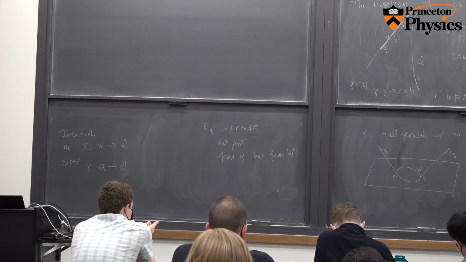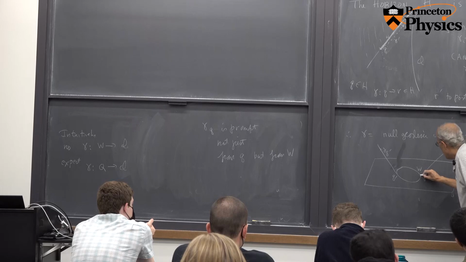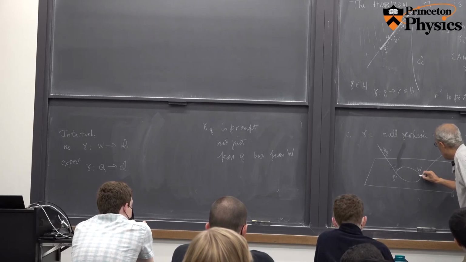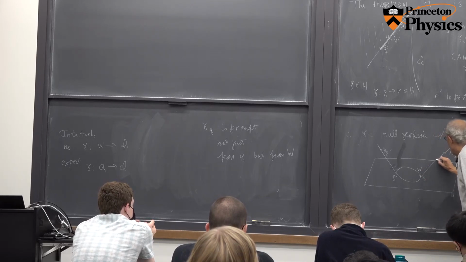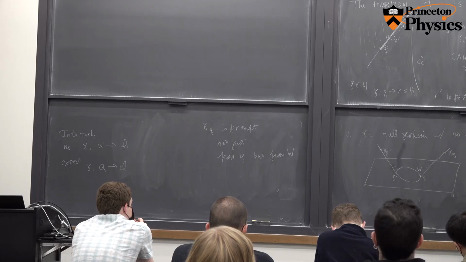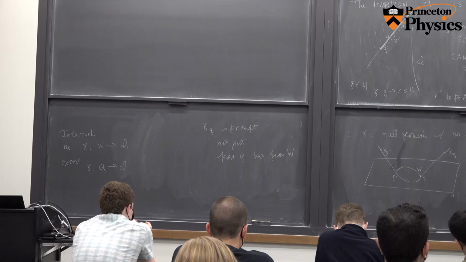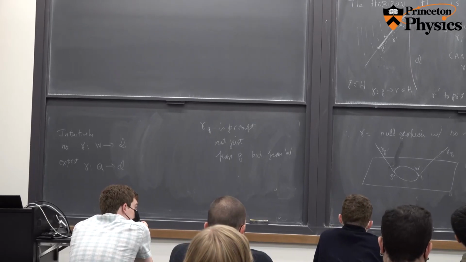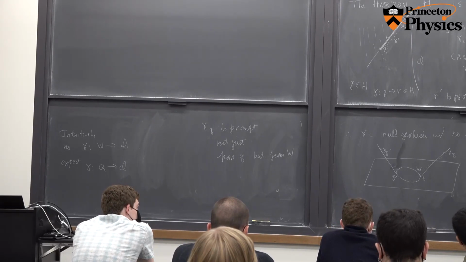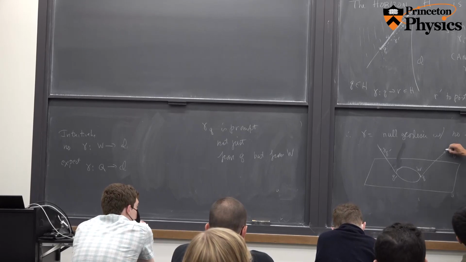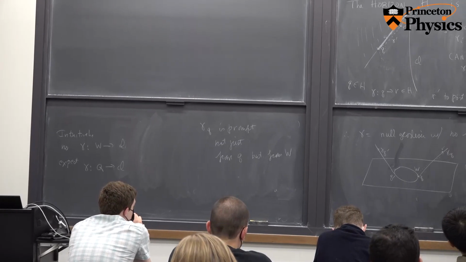Saying it's prompt from W would mean that even if you change the initial point, let's say you start from here, nearby, you can't arrive sooner. Well, even changing the initial point, if you could arrive sooner, we'd get the same contradiction as before. We'd prove that this point is in the interior of the black hole region.